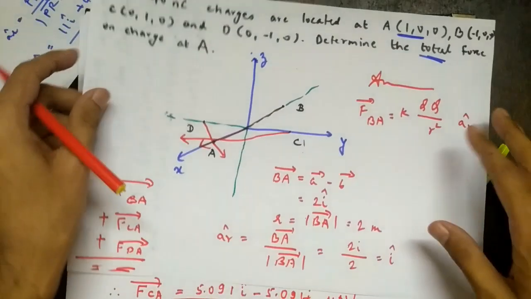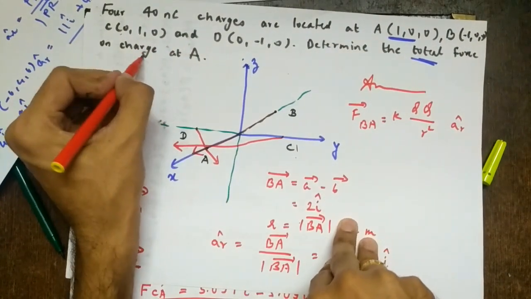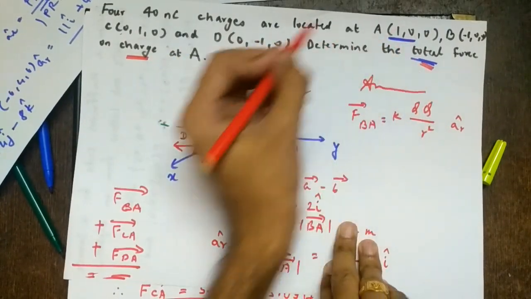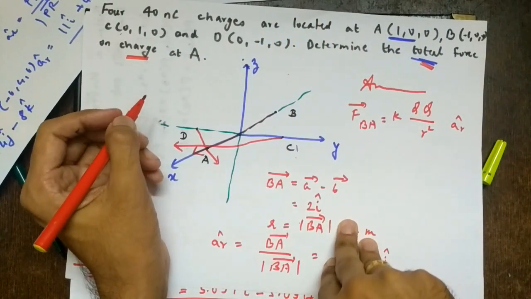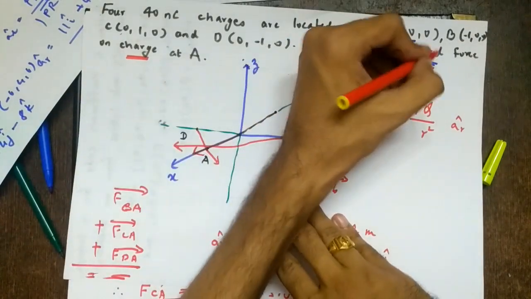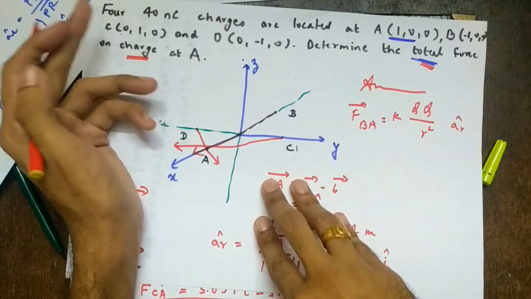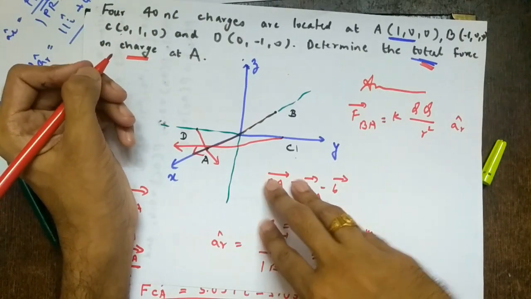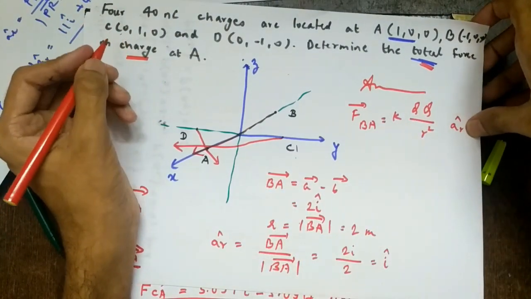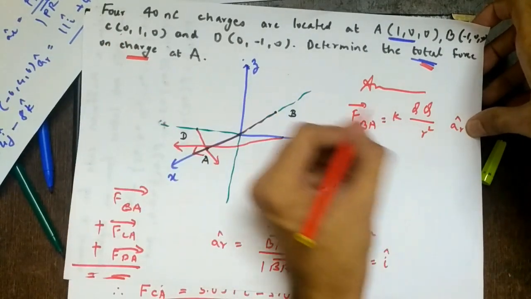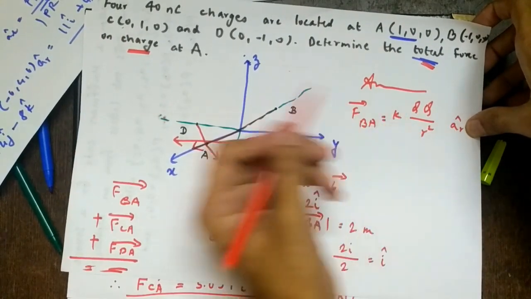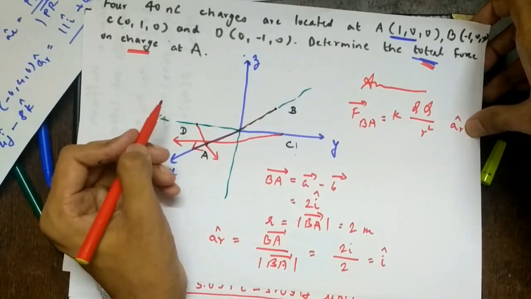Okay, so what are the steps? Whenever they have asked for force, we have to understand that it is a numerical on Coulomb's law. The other way, they can give you the force and one of the charges and ask you to find the other charge. That is also a numerical on Coulomb's law. Once you have decoded that it is a Coulomb's law question, first write the formula, then check whether you require a coordinate system.